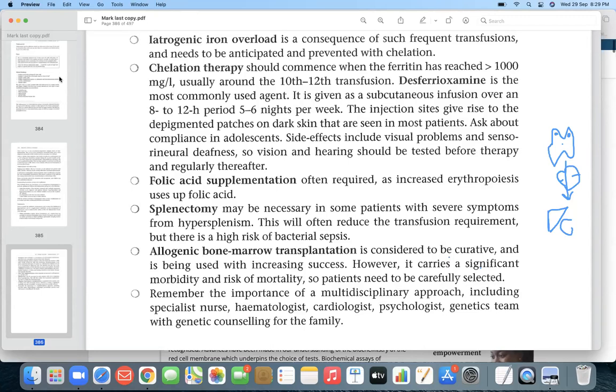This is in my notes; maybe I have written it from somewhere, you can go back and check. So one is hypersplenism or too large a spleen causing trouble to the baby, meaning the spleen is too large in the tummy. The baby has difficulty in respiration or movements like this. And their blood transfusion requirement is so high that they require more than 240 ml per kg per year.